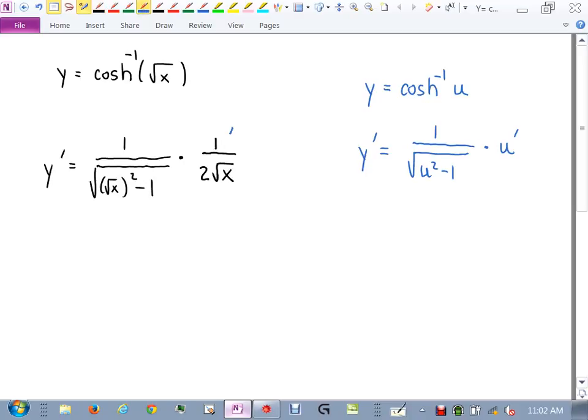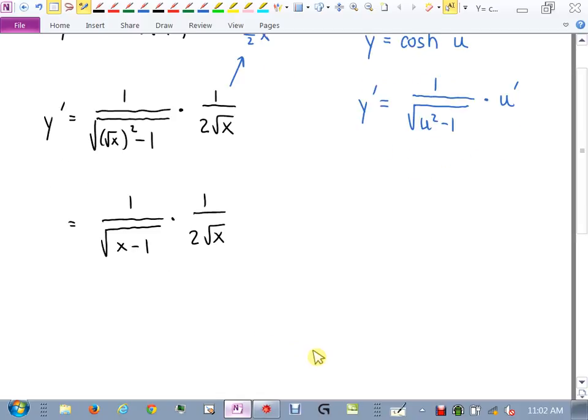Now you may have written that as 1/2 x to the negative 1/2, but it's the same thing. These two are the same thing. And then that would become 1 over the square root of x minus 1 times 1 over 2 root x. And I suppose there's some other things you could do to clean this up, but that would be as far as I would say you need to go.